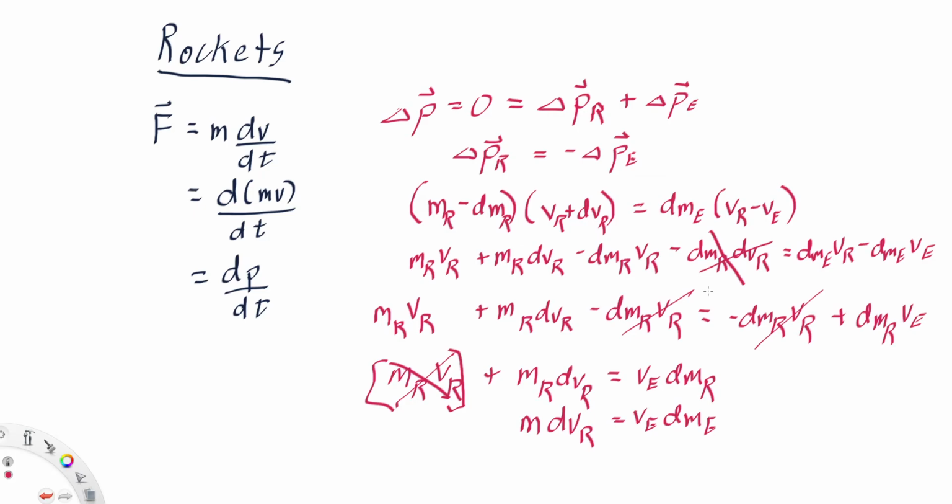So what we're going to do is put the rocket velocity by itself on one side of the equation, and put everything else on the other side of the equation. So I'm going to give us a little space for that. All right. Now we're going to integrate both sides.